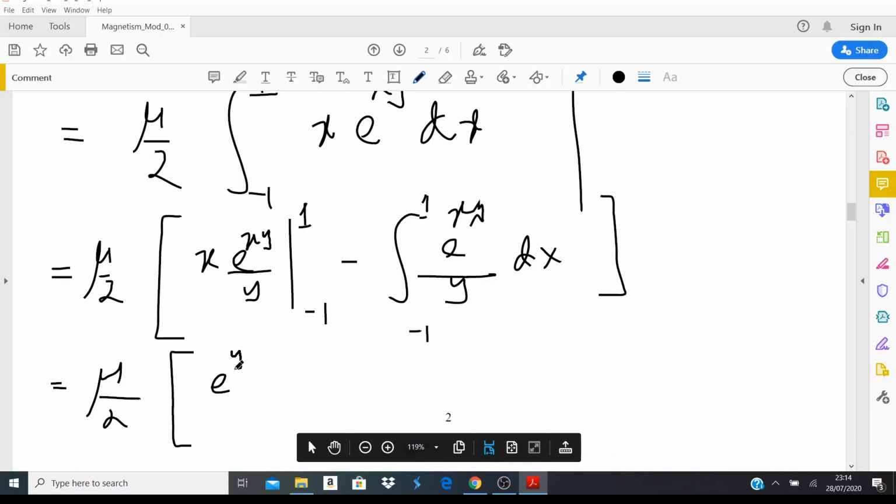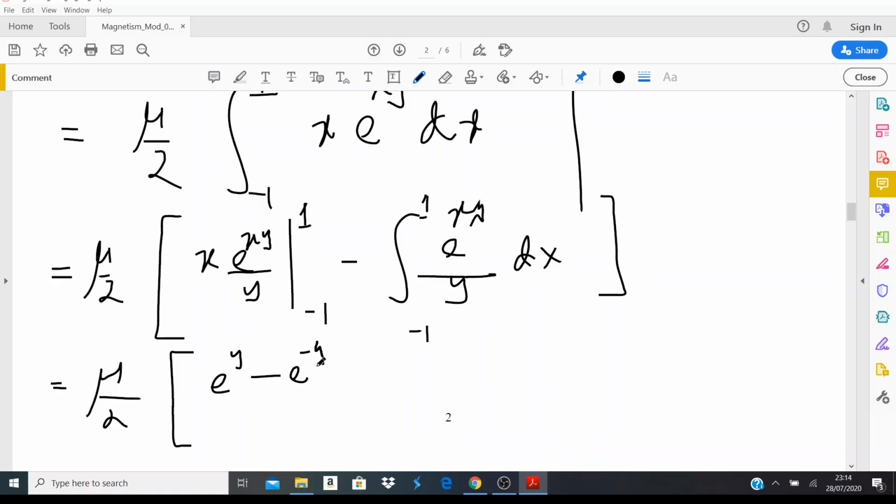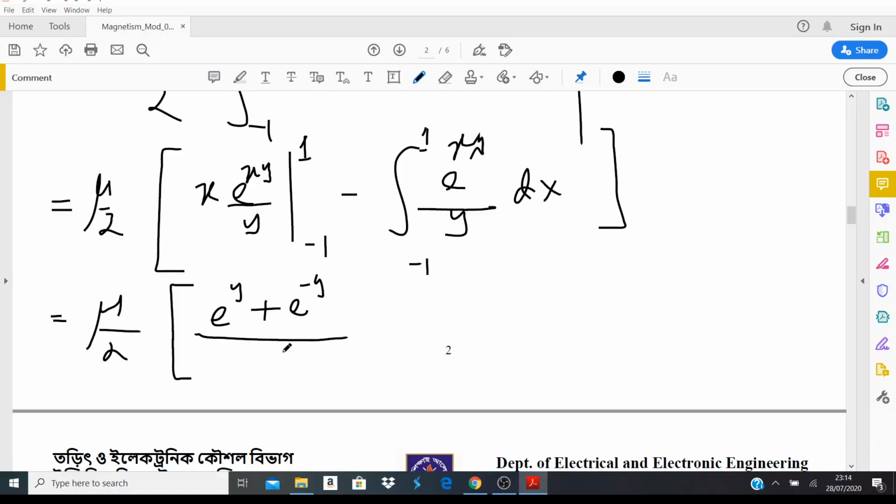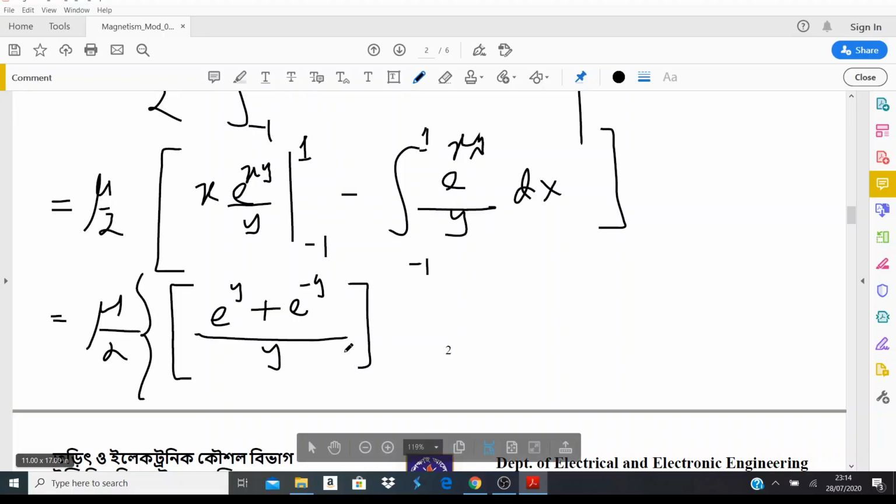That's like e to the power y minus e to the power minus y, right? And you are getting a plus because there is a minus sign here, and x is minus by, right? That's all right. So by y, that's this quantity. So make it bigger bracket here.